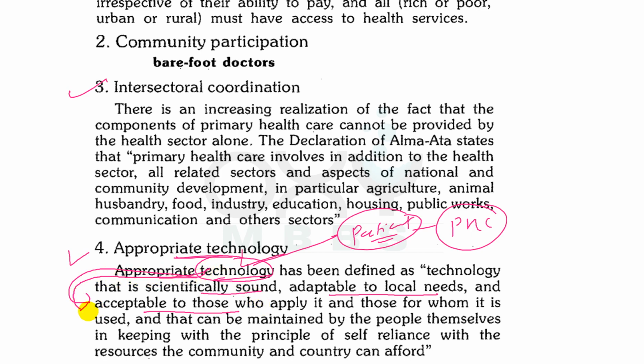These technologies must be maintained by the people themselves, in keeping with the principle of self-reliance, with resources the community and country can afford. It means these technologies can be handled by the community individuals or the patient itself.